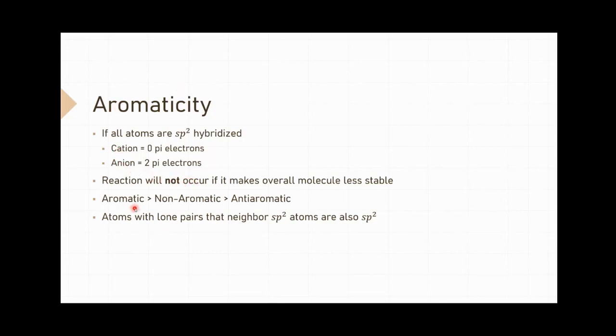So if I react a ring and it goes from aromatic to non-aromatic, it'll be unfavorable. But it would be favorable going the other way. So if it goes from anti-aromatic to aromatic, that would make it more stable, so the reaction would likely happen.